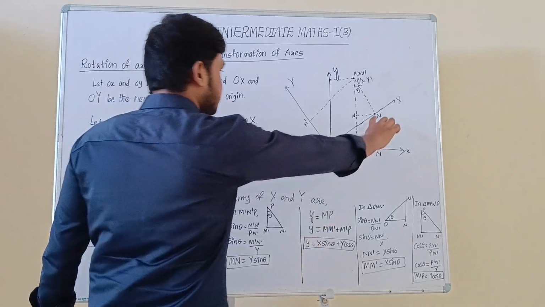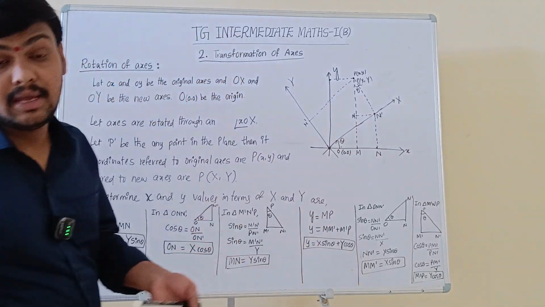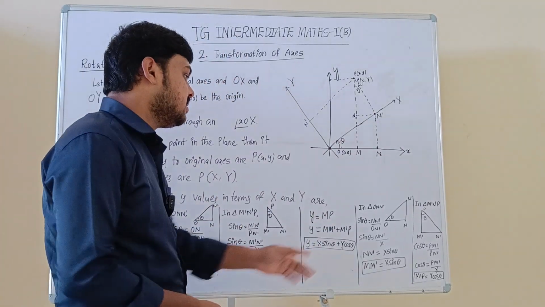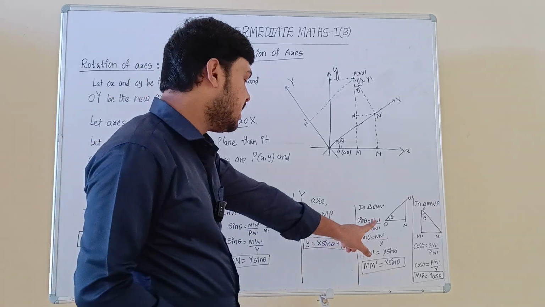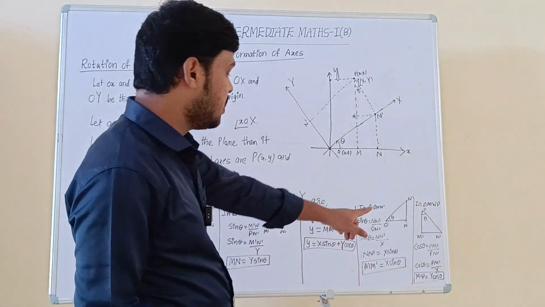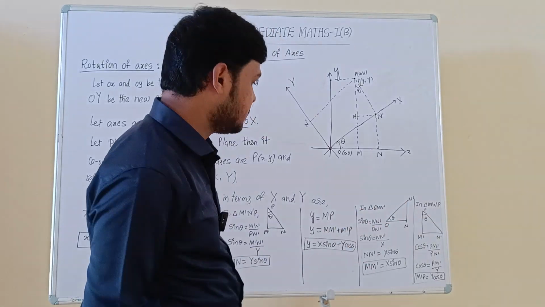For N dash, which is the opposite side, I apply sin theta. Sin theta is equal to N dash by O N dash, opposite by hypotenuse.